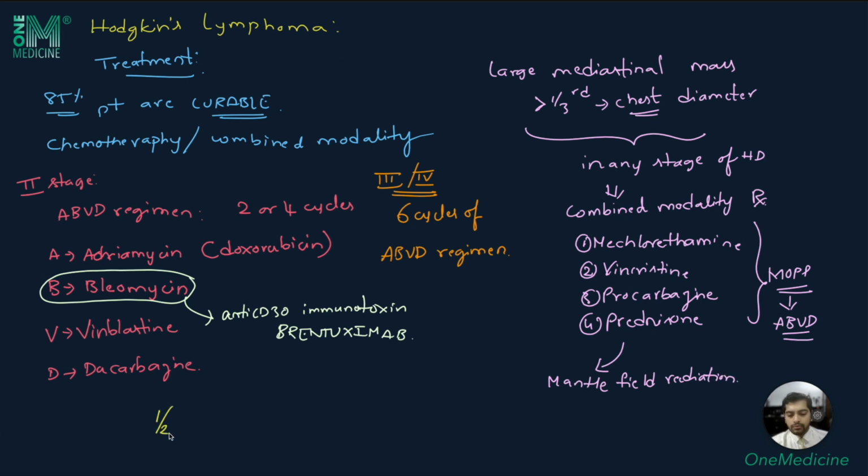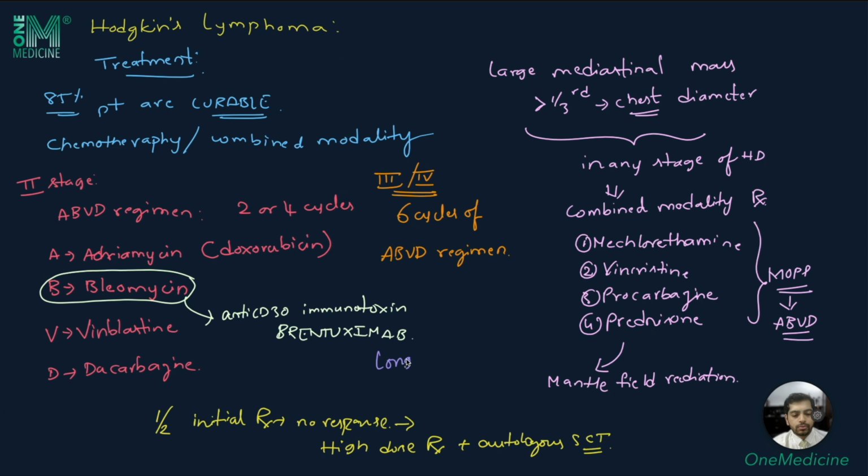About 1/2 of the patients do not respond to initial therapy. Such patients require to undergo a high dose therapy plus autologous stem cell transplantation.